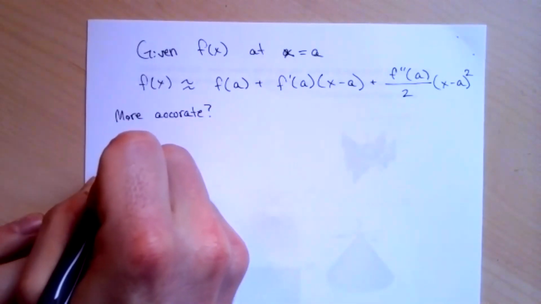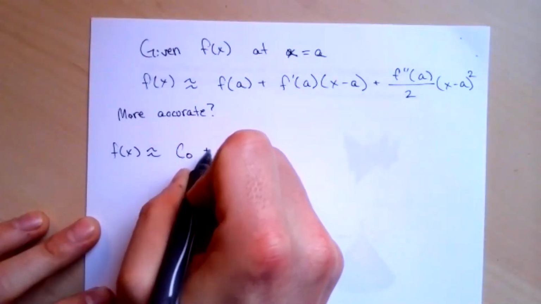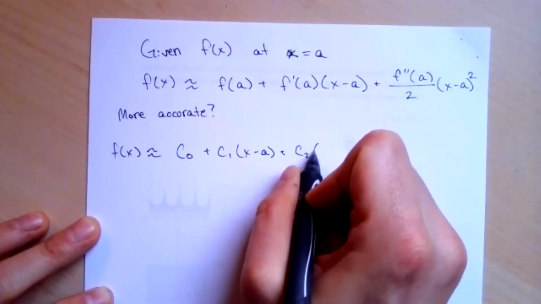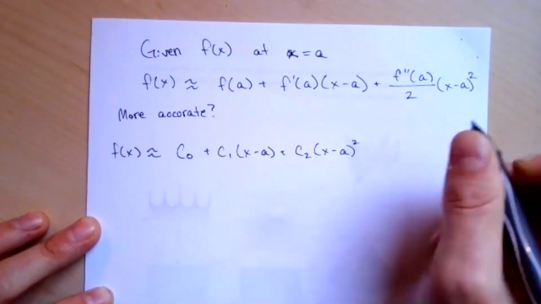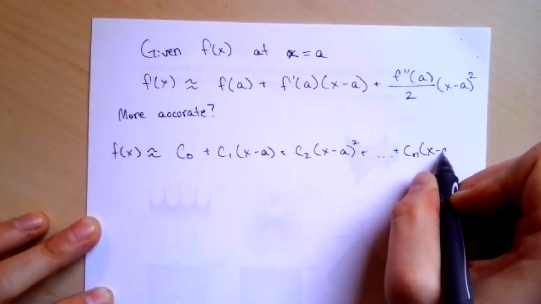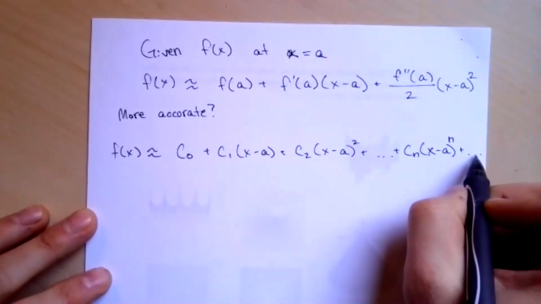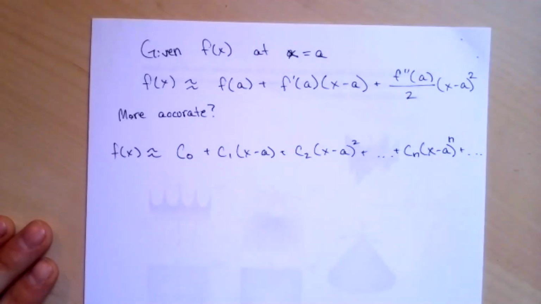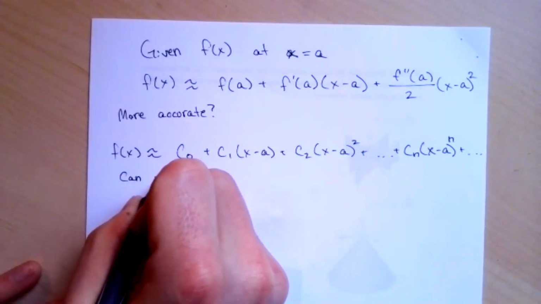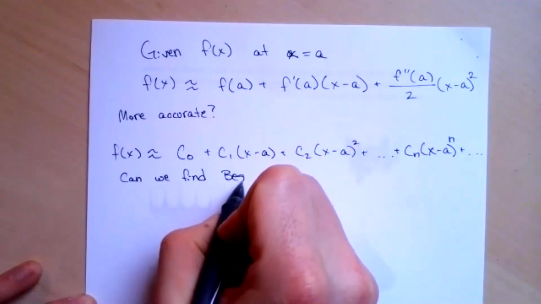So we want something like f of x to be represented by some sort of series up to an nth degree and potentially beyond if we want to take infinitely many terms. How would that look? And can we find the best coefficients?